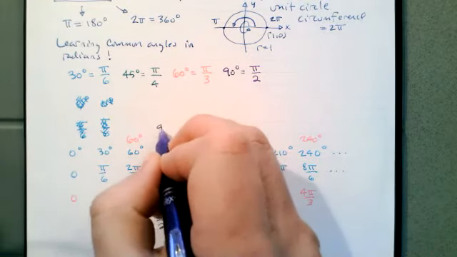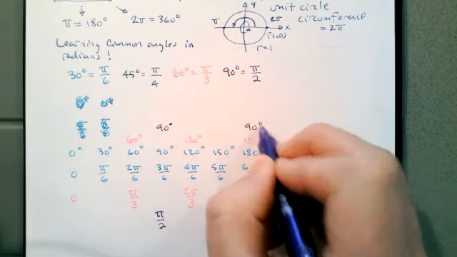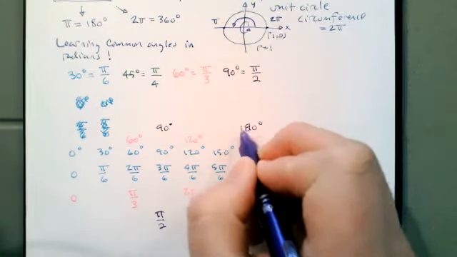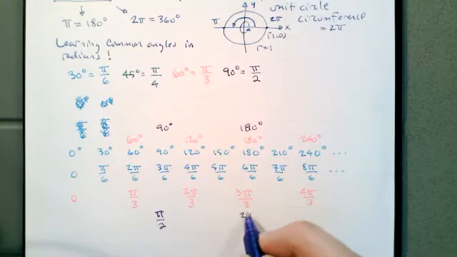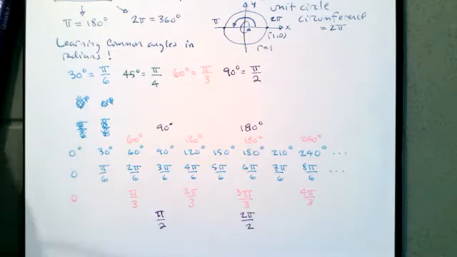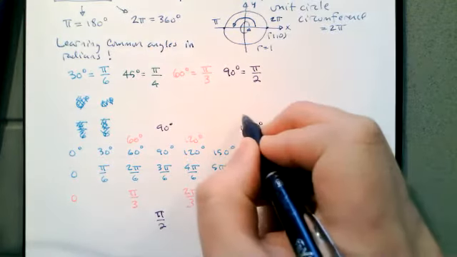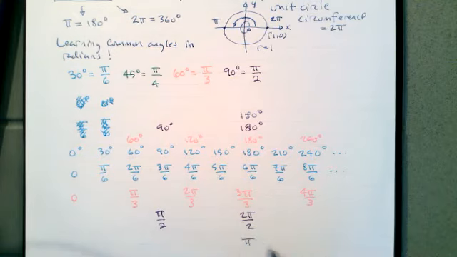So if we count by 90-degree angles, the next 90 is at 180. 180 is just 2 times 90, so that would be 2 pi over 2. And at 180, that's where we get to our base case, where 180 degrees is pi radians.